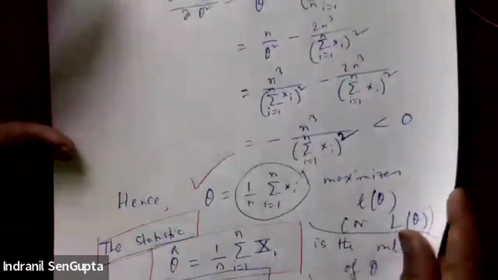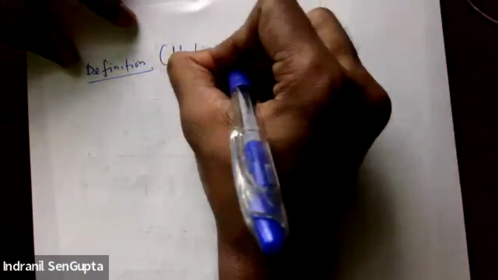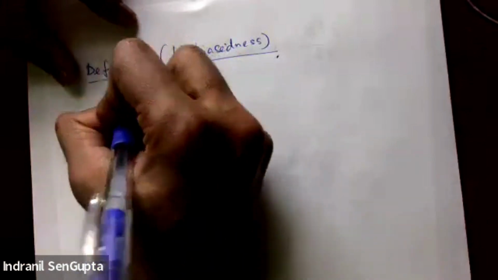Okay. All right. One little important thing, and this is something we also discussed in the previous class. Now we are formally going to write it, a definition. It's regarding unbiasedness. Okay.